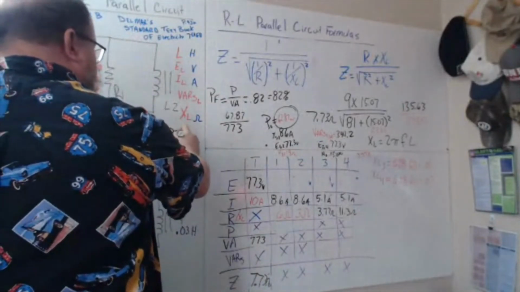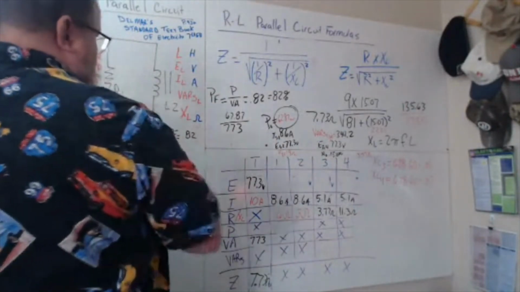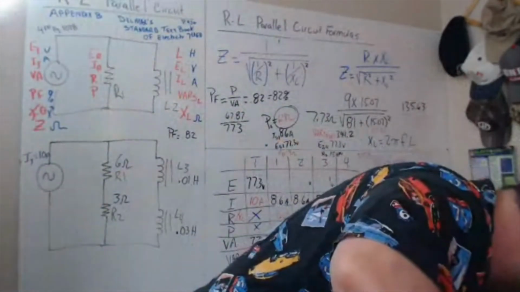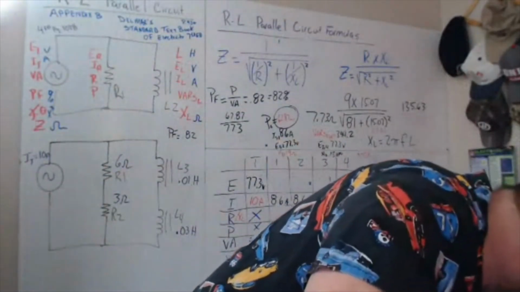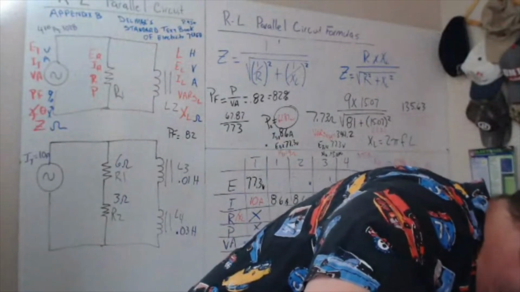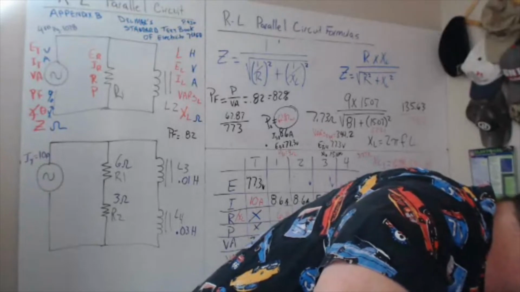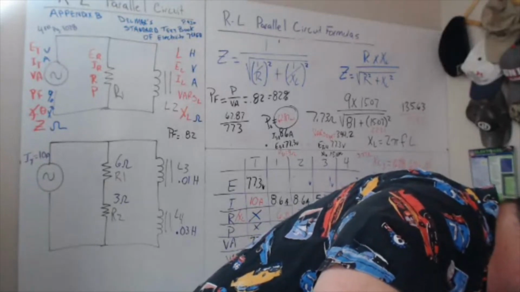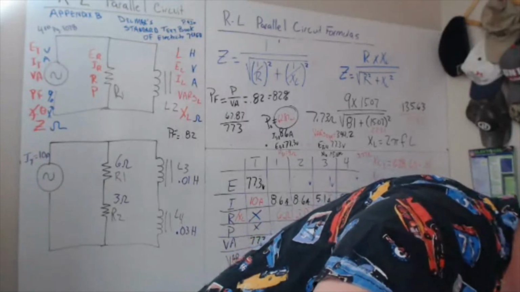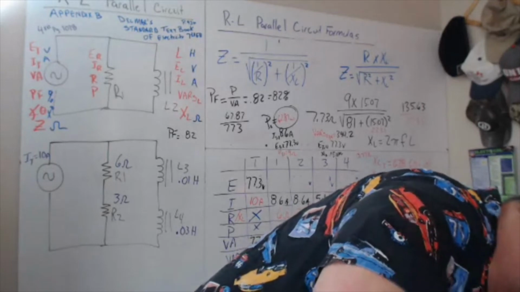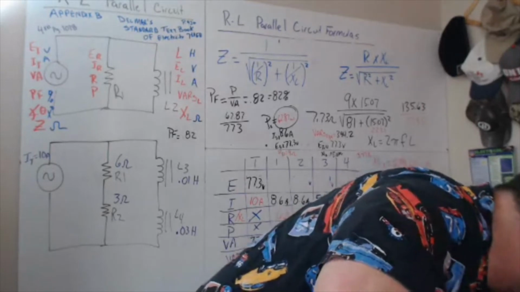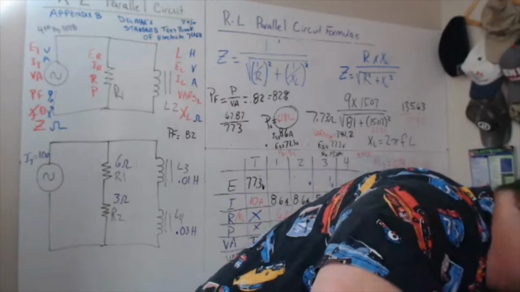With our power factor being 0.82, we need to find angle theta. To find angle theta, we should be doing 1 over sine of... I've got to find the example in the book. It's not on this page.